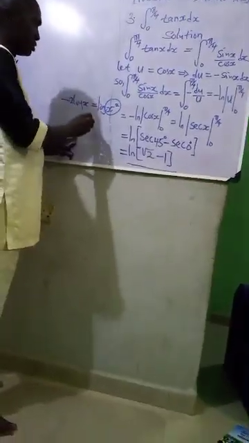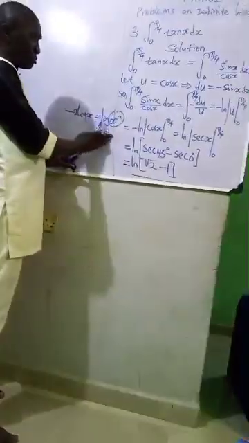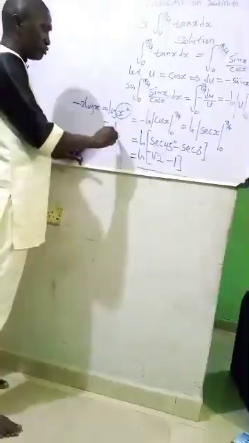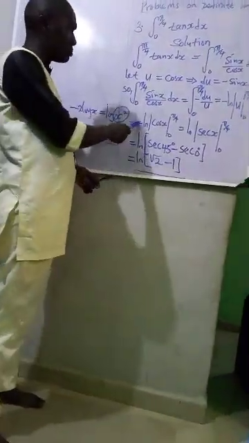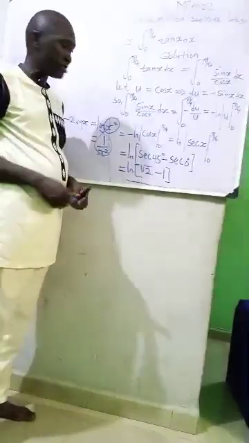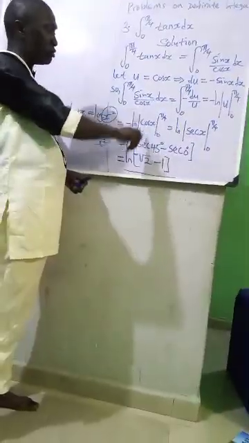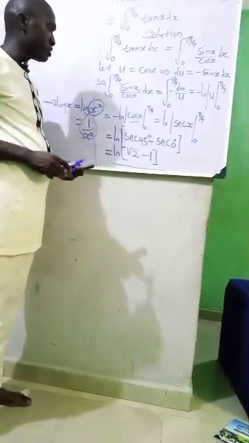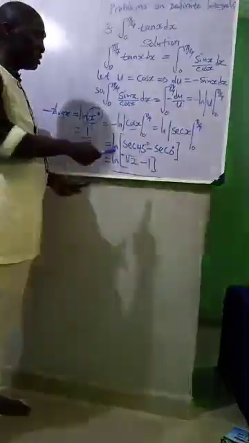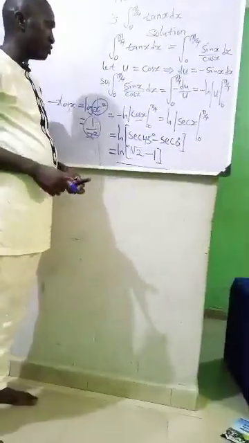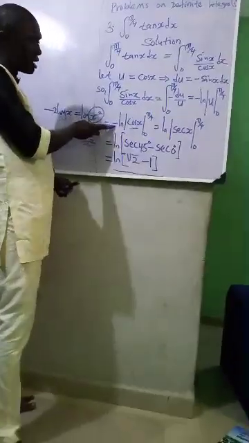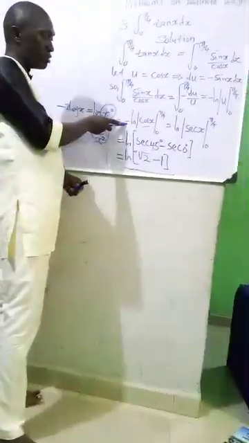Now apply the negative law, the same thing as x to the minus 1 being 1 over x. So it's a combination of two laws we are applying here: the power law as well as the negative law. Thus we are going to have 1 over the reciprocal of cos x, and the reciprocal of cos x, that is 1 over cos x, is sec x. So the result will no longer be negative because we are applying the negative law.